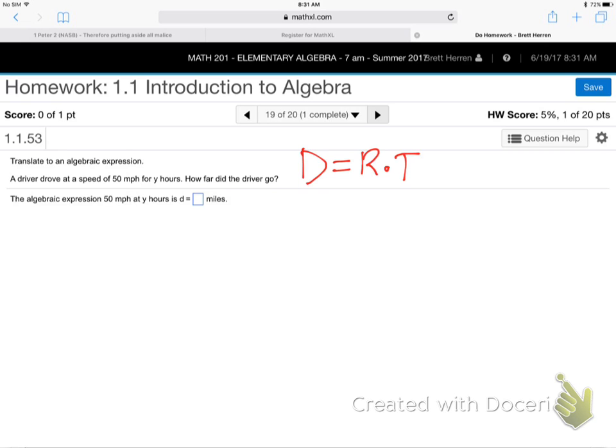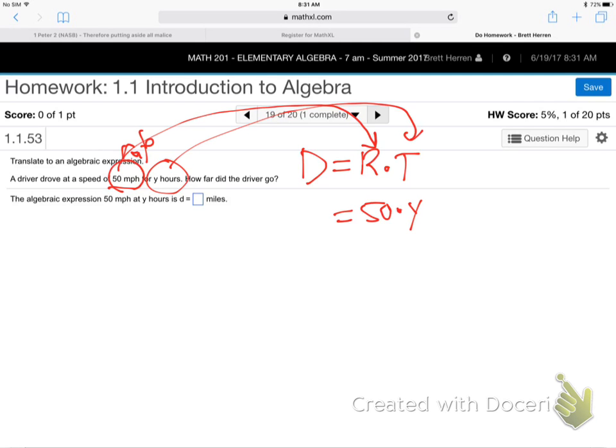So a driver drove 50 miles per hour. Is that a distance, a rate, or a time? 50 miles an hour is a rate. That's a speed. So put the 50 in right there for R. For T, hours. Is that distance, rate, or time? Hours is time. So you take the 50 times T, and that's it.